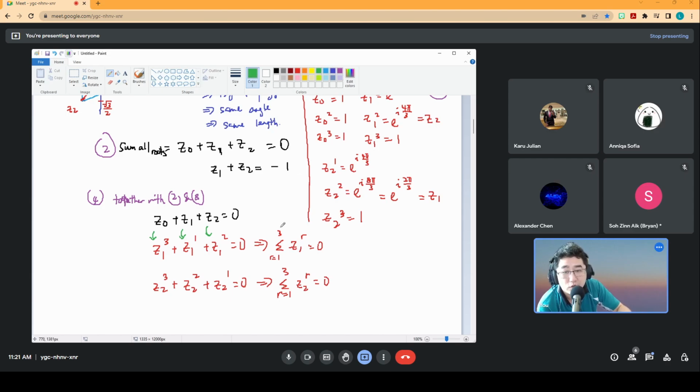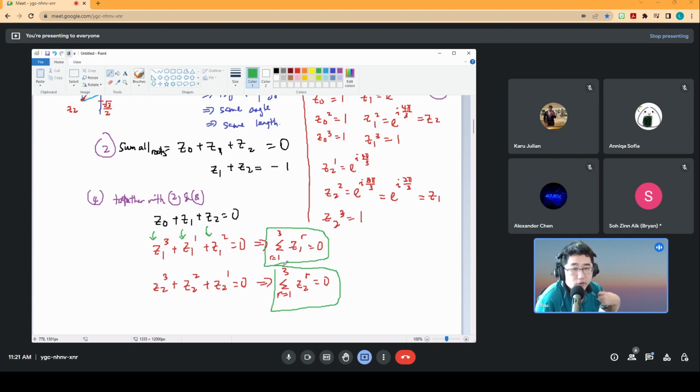This is the result that you're supposed to get. That means other than Z0 itself, the power of the other roots will equal some other roots, and the summation of one particular root with the power up to a certain sum will give you 0.